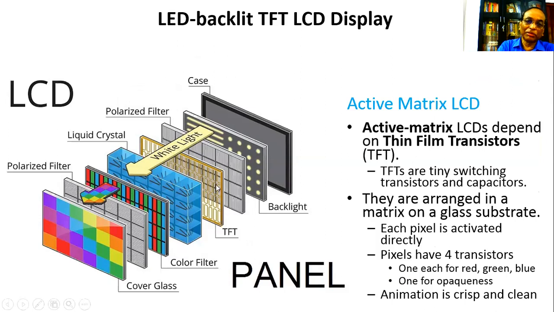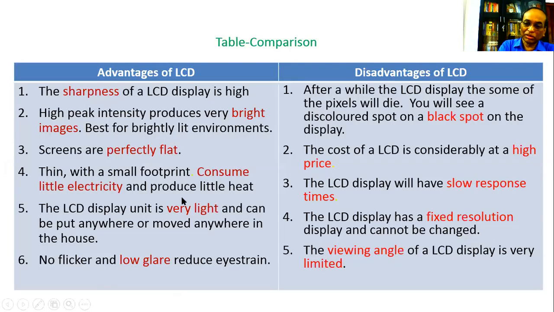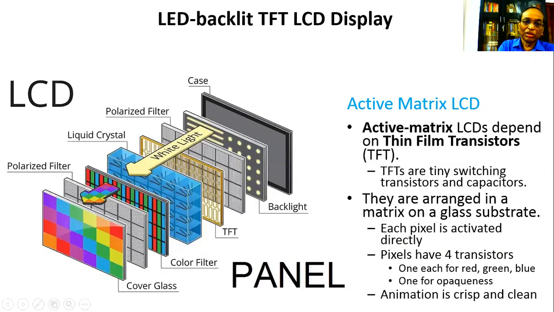Here, this TFT is directly connected through a matrix with the basic blue LCD crystal. After that is the color filter, then the polarized filter. So there are two polarized filters, one before the TFT and another after the color filter, and the backlight is from the LED.